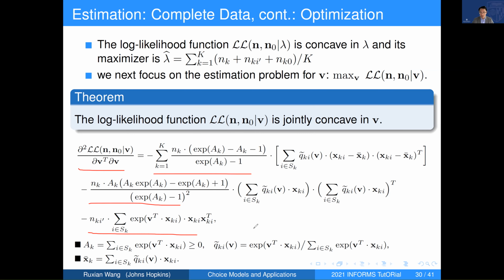All 3 parts are negative semi-definite. So that's why we say the log-likelihood function is jointly concave. So we can very easily maximize the log-likelihood function to find the attribute coefficients V for the MNL with non-randomness in the complete data case.